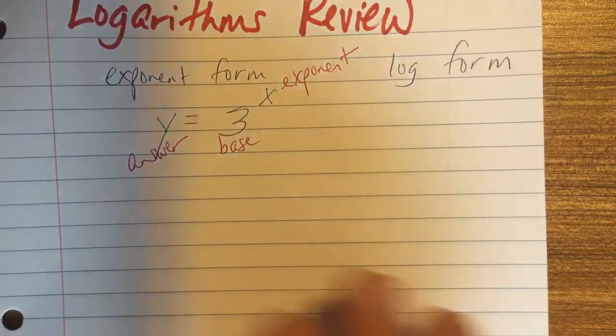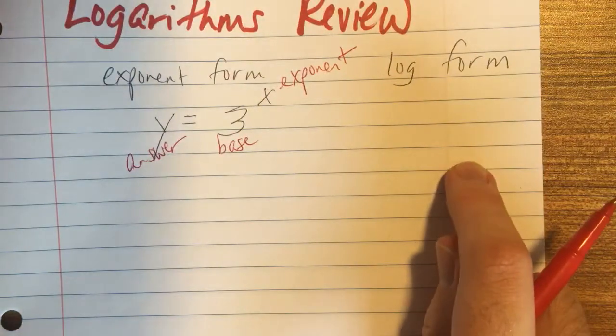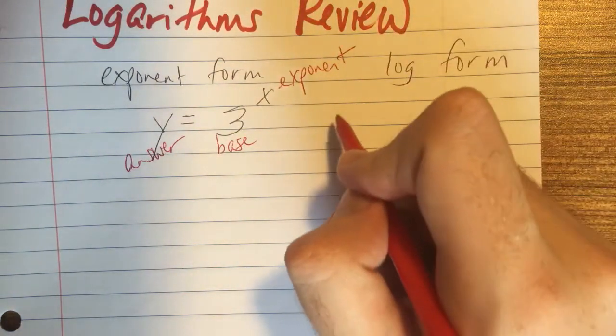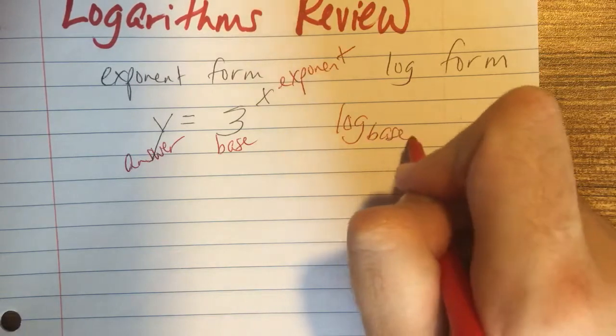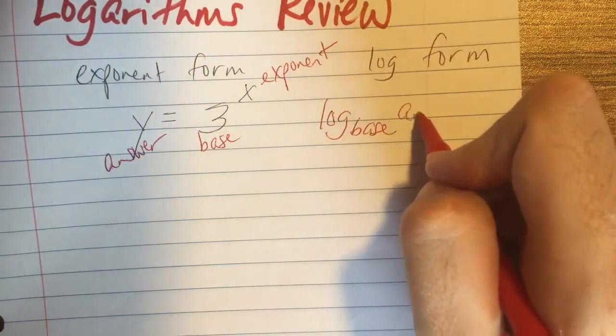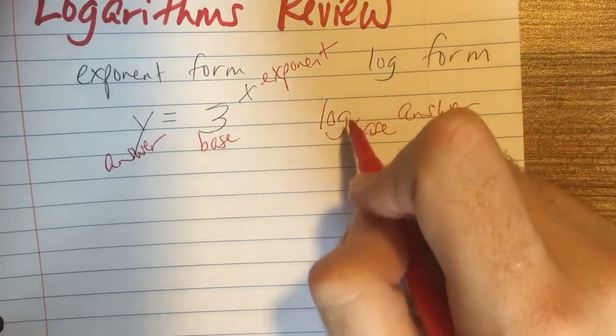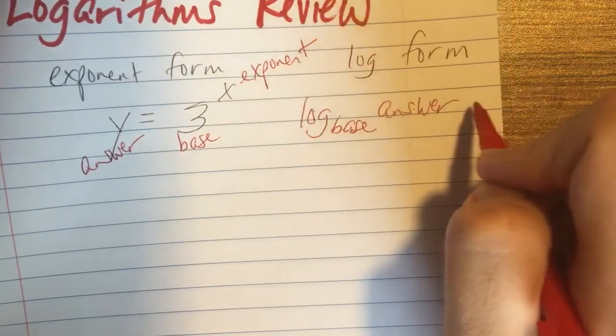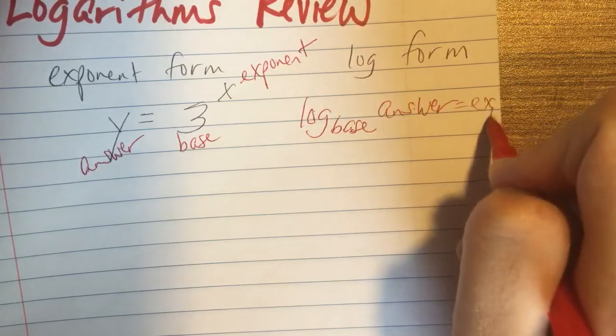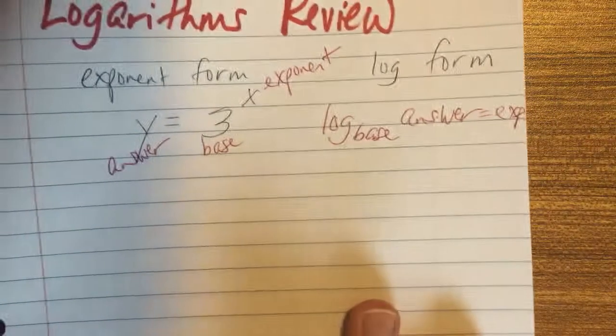We're going to transform this same relationship into log form. And the important part to realize is the setup of that. So you have your log with a base as the subscript of the answer, and that's equal to the exponent, which I'll abbreviate here as exp.